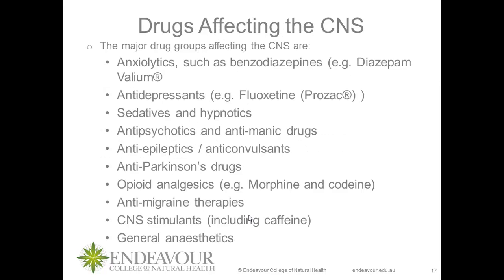There are many drugs that we have that affect the CNS. The ones that we will mostly consider, though, as we said, will be those that are used in pain management. So we're looking directly at the opioid analgesics, but we'll see that these other CNS drugs affect pain management.